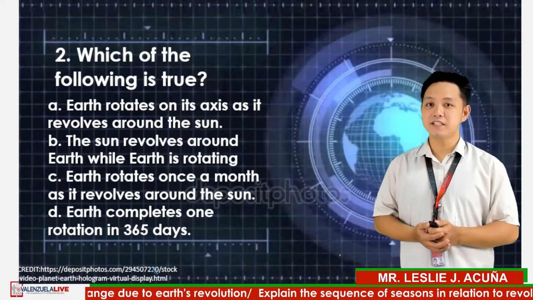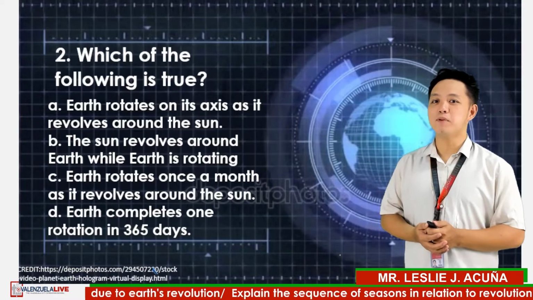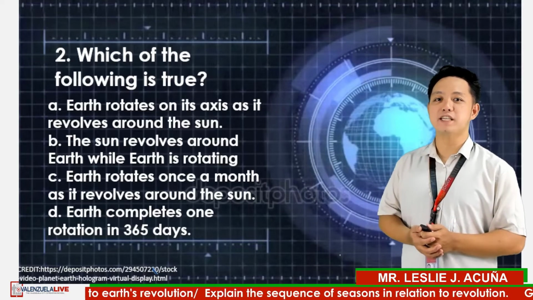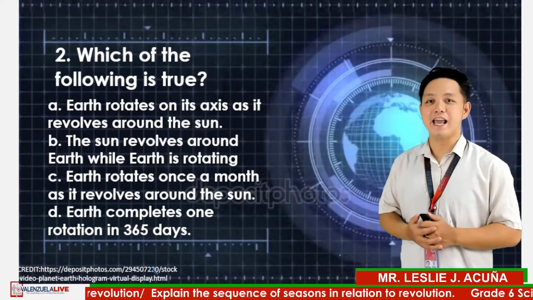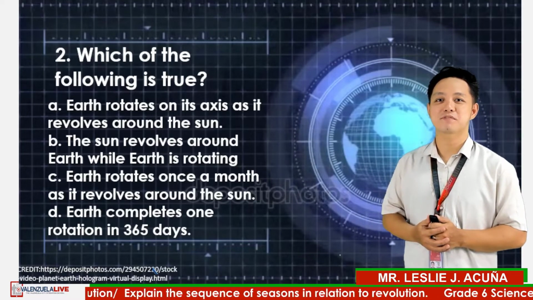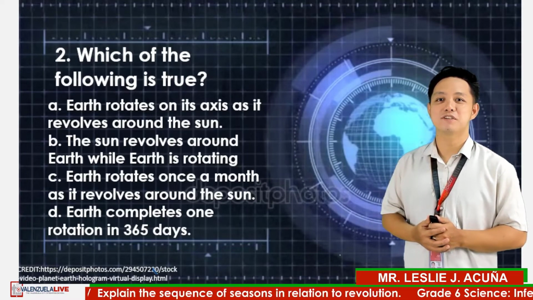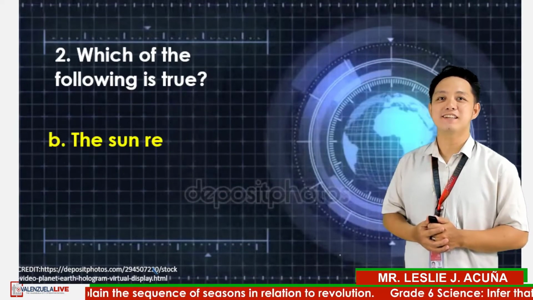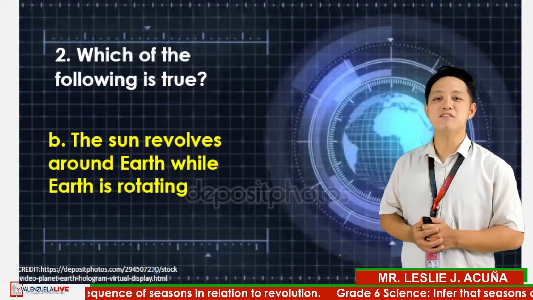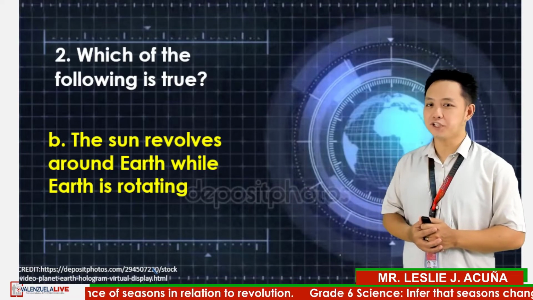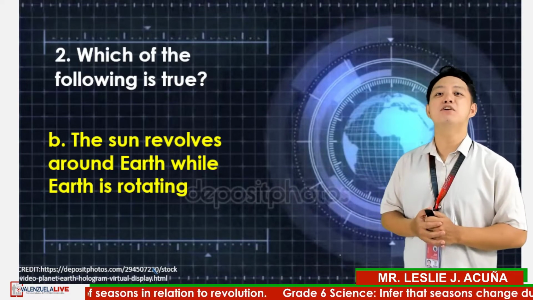Or letter D, Earth completes one rotation in 365 days. Comment down your answer. Alright, the correct answer is letter B. The Sun revolves around the Earth while Earth is rotating.